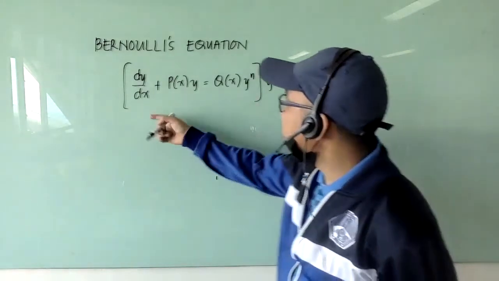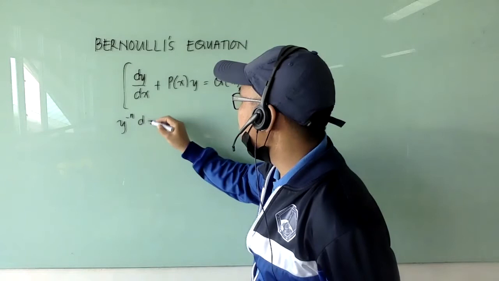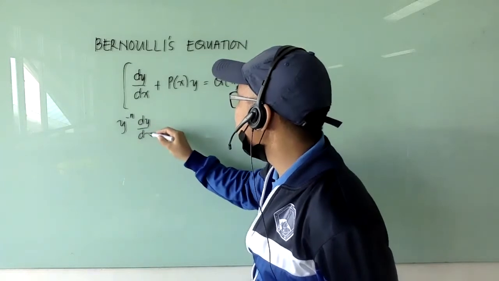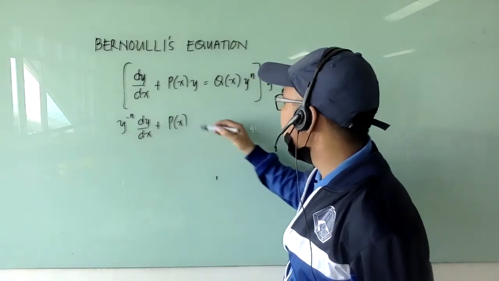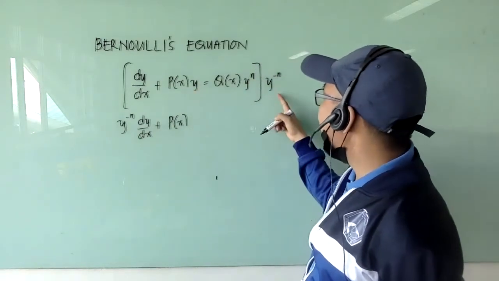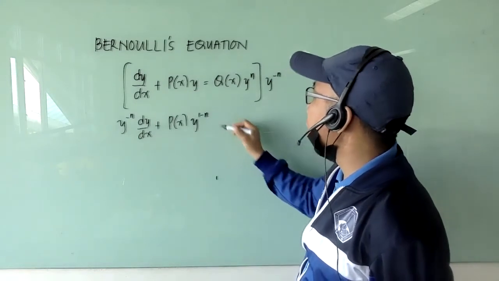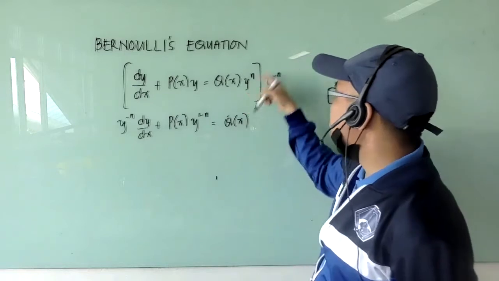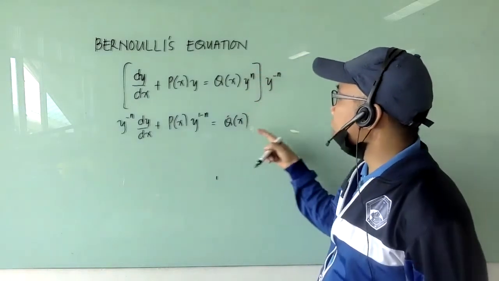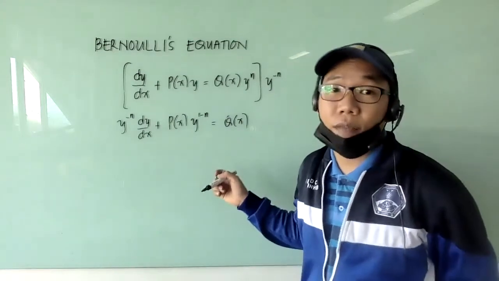So this becomes y^(-n) dy/dx + p(x) y times y^(-n), which is y^(1-n), equals q(x), and the y^n will be canceled. So you have a pure function of x on the right-hand side of the equation.